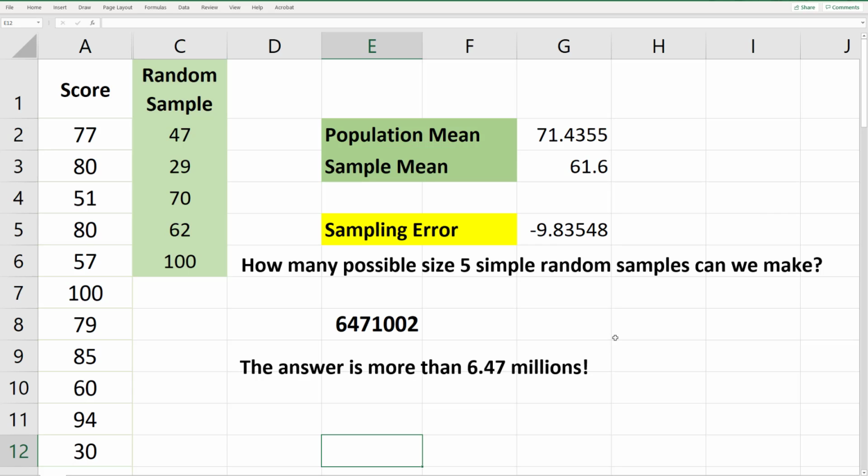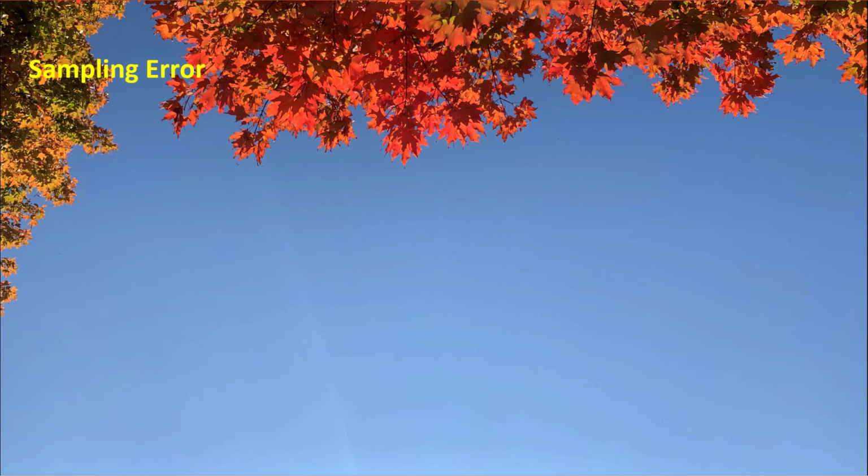In that case, the sample mean can be considered as a random variable. There are more than 6.47 million possible values for this sample mean. We are talking about what kind of probability distribution this sample mean may have. Now let's sort out the idea about sampling error in mathematical expression.